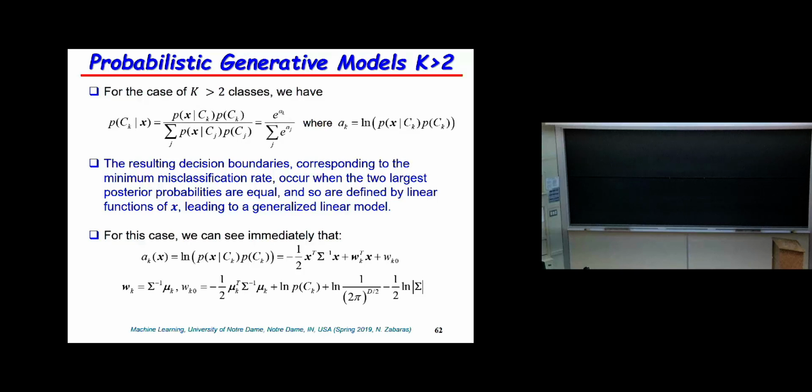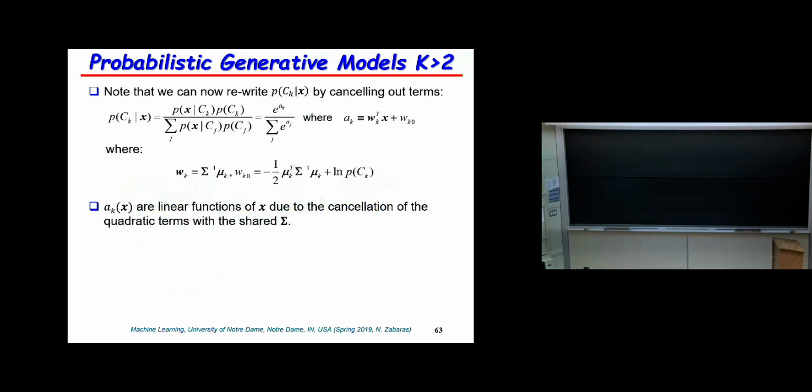Plug this in the numerator and the denominator. What is going to happen to the quadratic term? Because you remember sigma is the same in all classes, it's canceling out. So when you plug this in, this term is going to cancel from the numerator and the denominator.